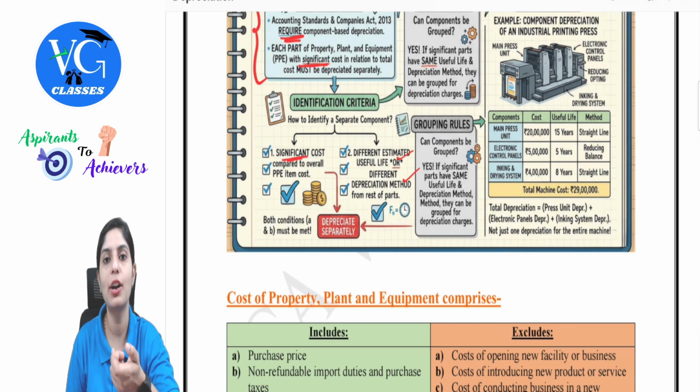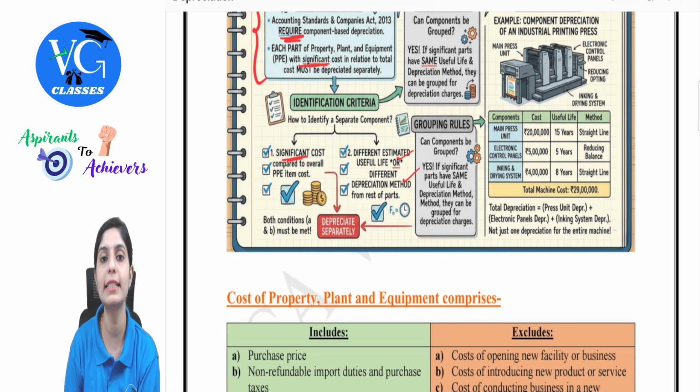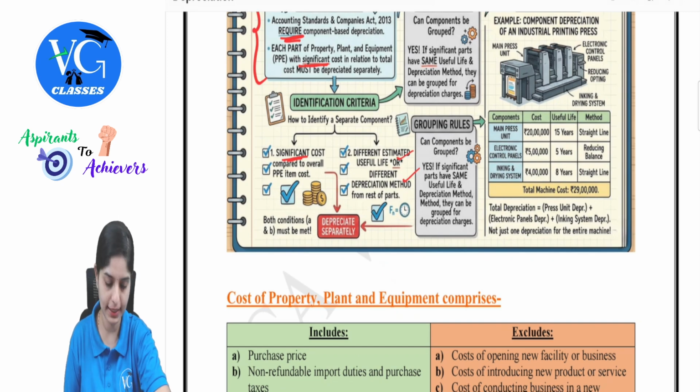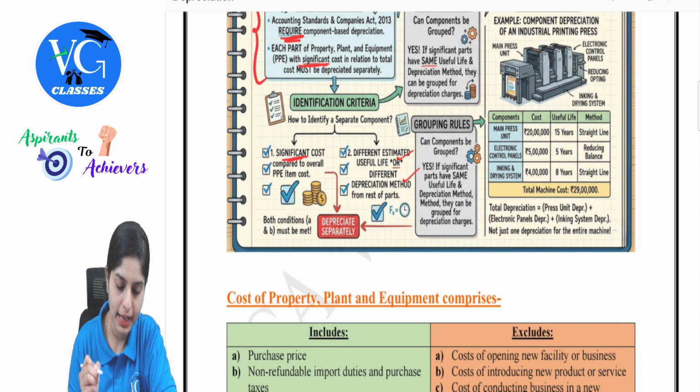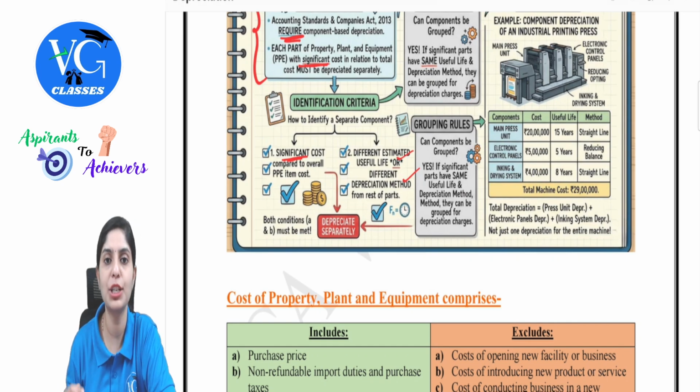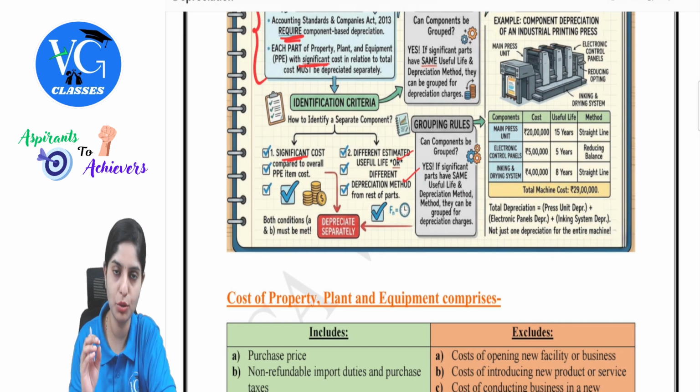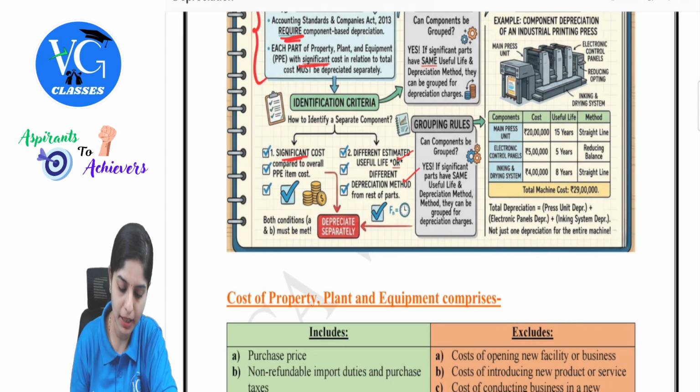Definitely, the engine cannot be run for at least 20 years if I consider 20 years as the life of an aircraft. So I can estimate it could be around 5 years. So in this case, there is a separate useful life available for a component of an asset. Then there could be sometimes a different depreciation method also applicable. So in this consideration, it becomes important.